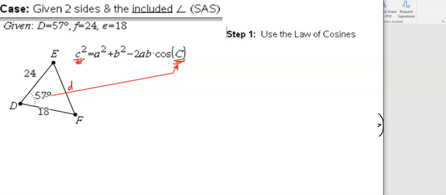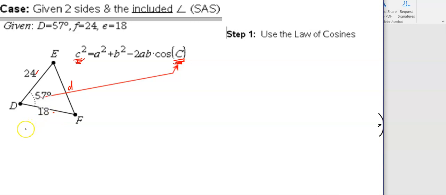So use the law of cosines. We're going to set up the law of cosines using these variables and these numbers. So we're going to plug in, understanding that a and b are interchangeable. You could do 24 or 18 for a and b or switch them up. But the key thing is the angle has to go in that slot. It has to go in the c slot in that case. So let's plug into the formula.